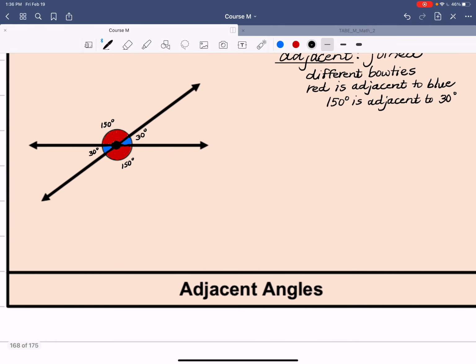So let's make this angle I, angle J, angle K, and angle L. So I could say that angle I is adjacent to angle J and to angle L. We could say that angle K is adjacent, or it's joined to angle J and angle L.